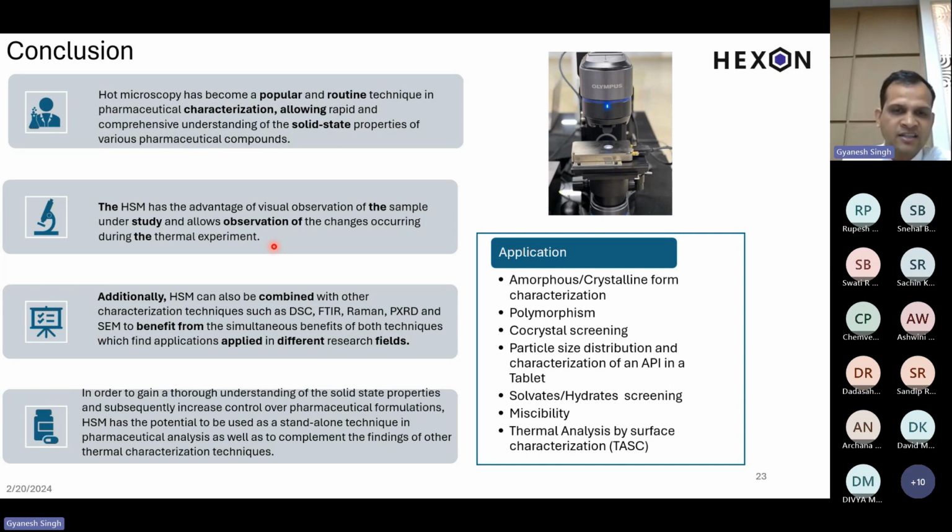So we can understand the change in temperature visually, as well as other parameters, which will be quite helpful in research fields. In order to gain a thorough understanding of the solid state properties and subsequently increase control over pharmaceutical formulations, HSM has the potential to be used as a standalone technique in pharmaceutical analysis, as well as to complement the findings of other thermal characterization techniques like DSC, TGA and other techniques.